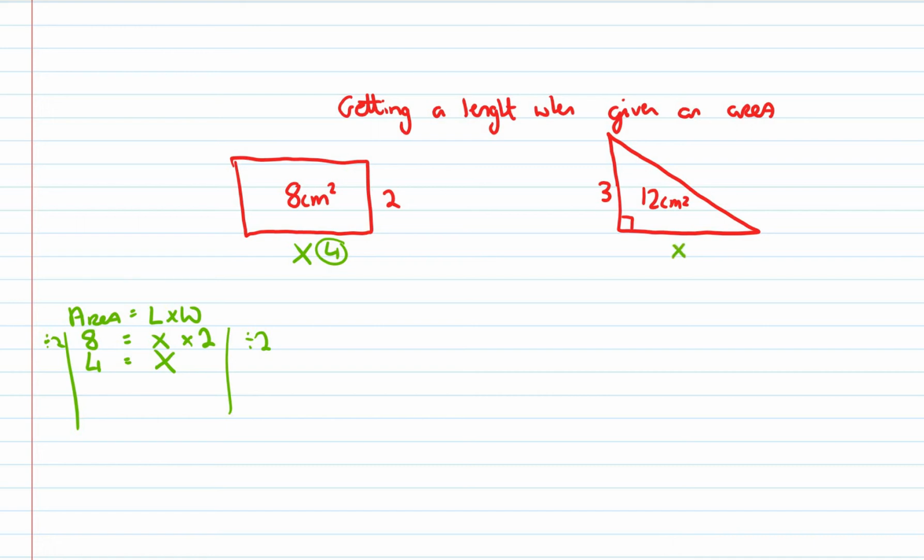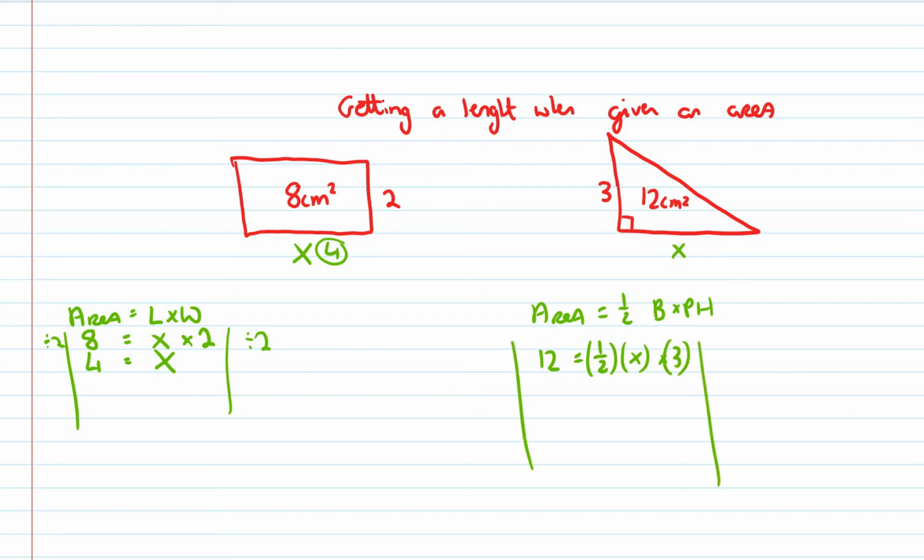Likewise here, I want to find x. So area equals half the base multiplied by the perpendicular height. Let's fill in what we know. We know the area, it's 12. We know half. We don't know the base. We know the perpendicular height, it's 3.